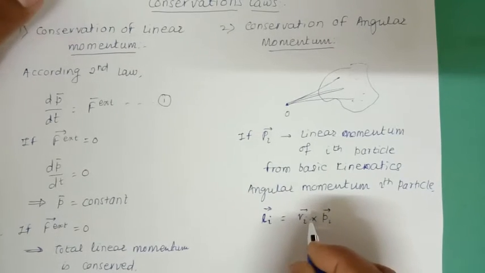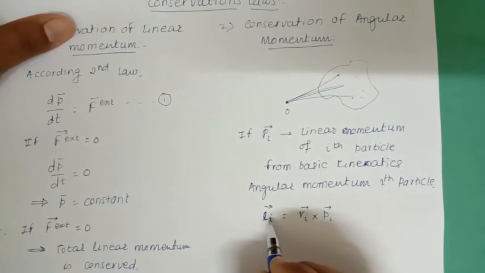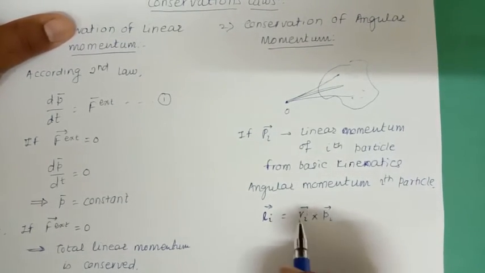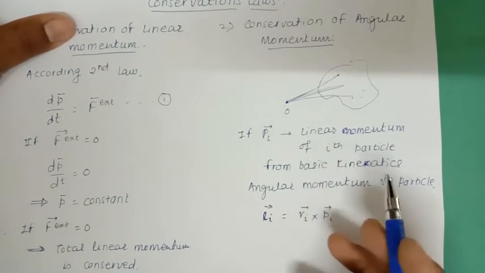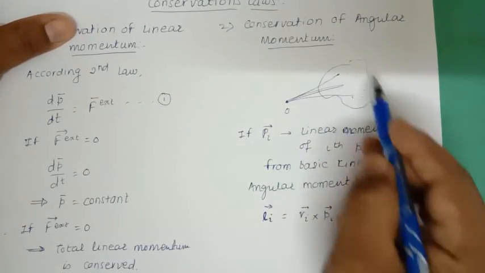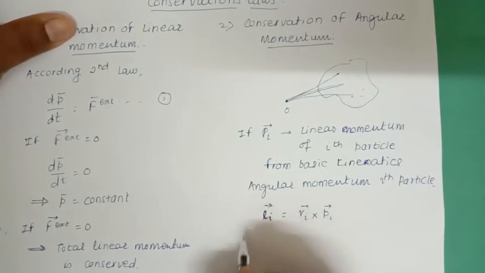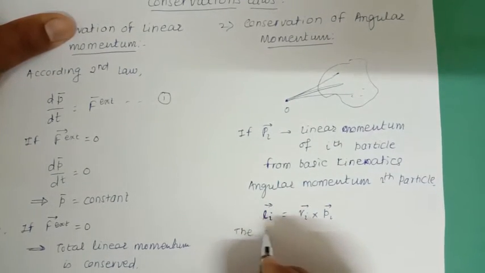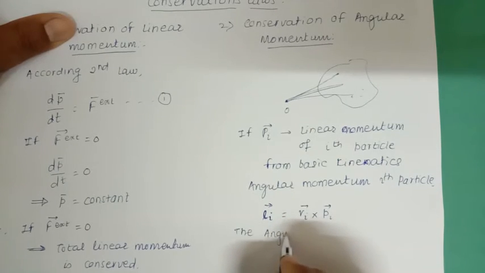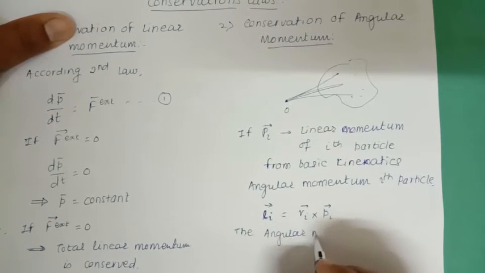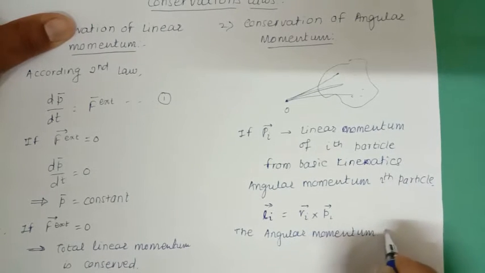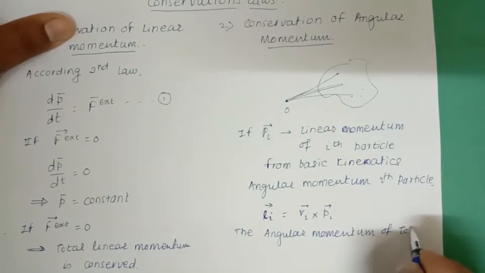So if you know the angular momentum of the ith particle, how do we calculate the total angular momentum of the whole system? Yes, by making a summation. What is the angular momentum of the total system?